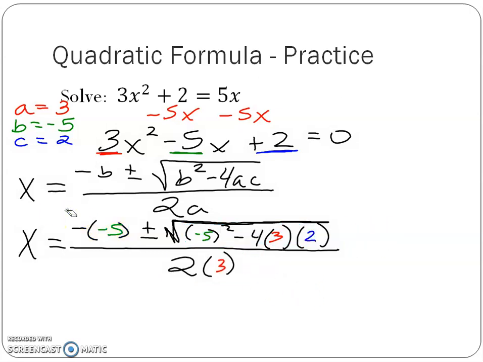So out in front, two negatives. What are those two negatives going to do? Well, they're going to make a plus sign, so all I have out in front is a positive 5, plus or minus.